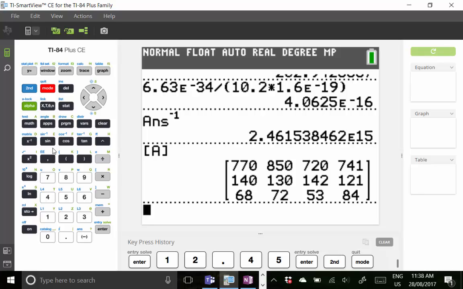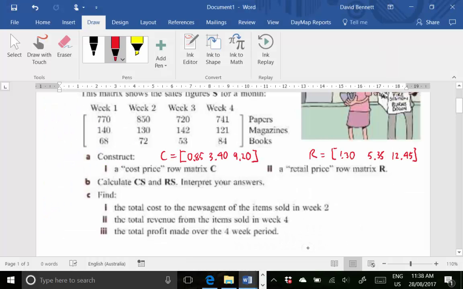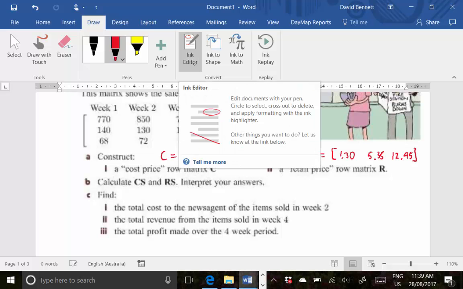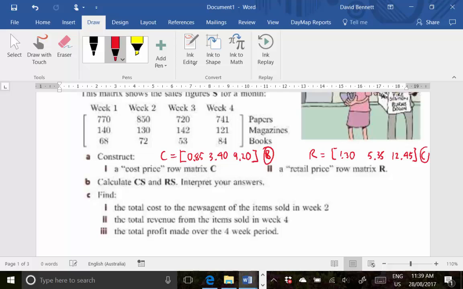So keep in mind when I do my calculations, I called this one here B, I called this one over here C, and that was my A matrix. So if I have to do the calculations in B, so I'm going to do the costs, that will be B times A, won't it?